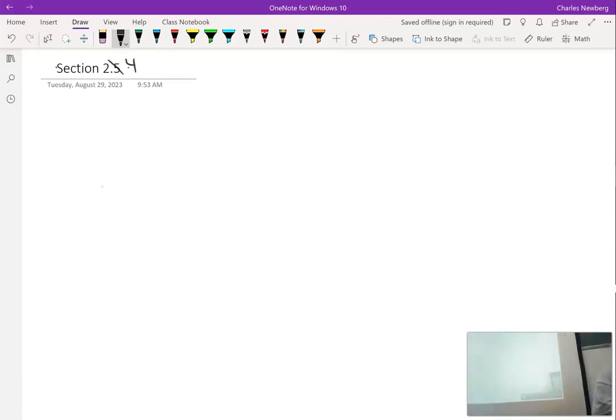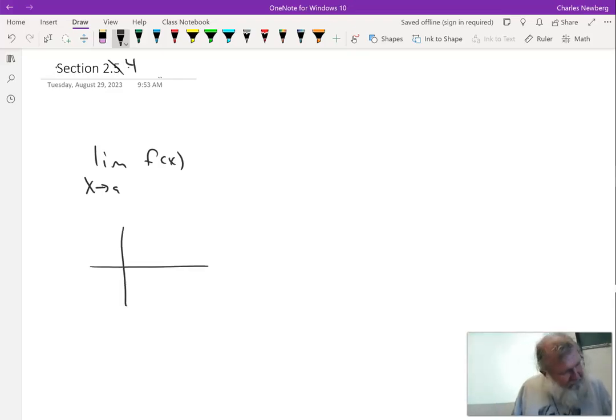And my notes are out of order. Let me get to page 1 here. All right, so let's go back. We kind of have an intuitive definition of limits already. Let's go back and talk about the limit as x goes to a of f of x. Let me draw some pictures in here. So let's say we have this here. Here's the point a.